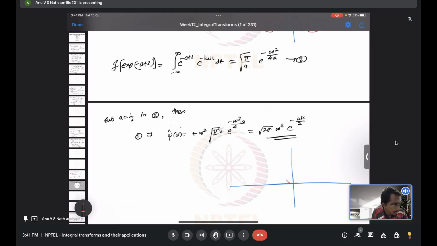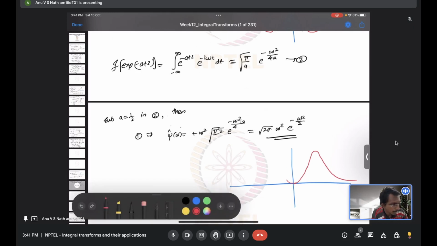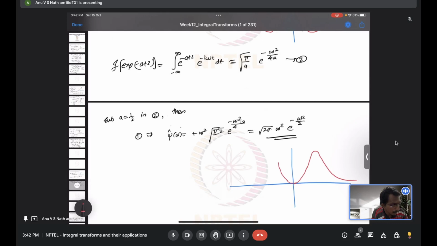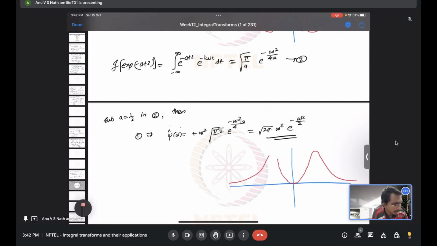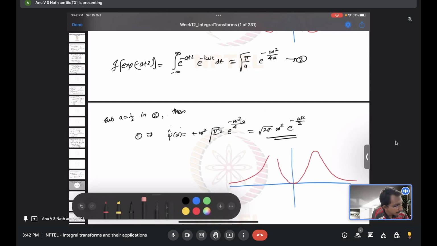So you will see a quadratic growth initially, but it reaches a maximum and, because of the exponential, further decays. Similarly, symmetrically, you can find on the left side also a quadratic growth, then it reaches a maximum, then decreases. I have drawn it symmetrically, but it's actually a symmetric function.